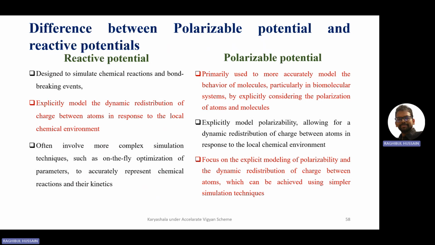The reactive potential often involves a complex situation, and bond breaking or bond forming phenomena can be observed on the fly. Okay. And the polarizable force field focuses explicitly on the modeling of the polarizability and the dynamic redistribution of the charge between the atoms.